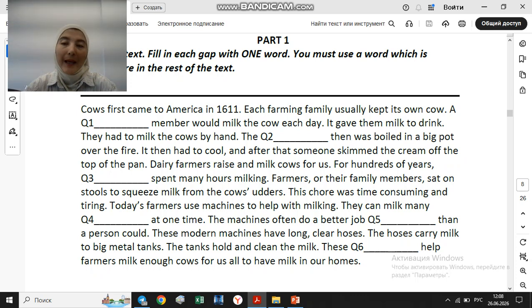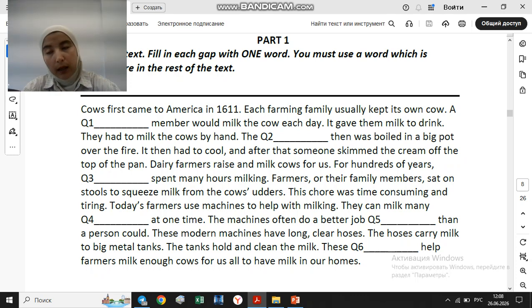We have the article a before the gap. It means that the next word must be a noun beginning with a consonant sound, because after a we have to use a consonant sound.